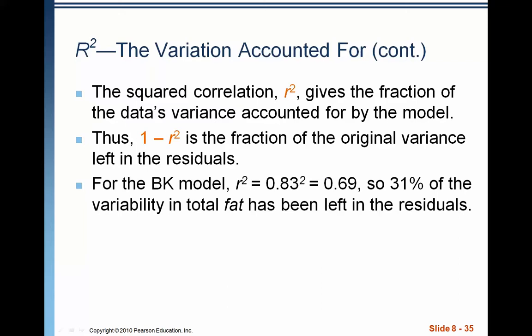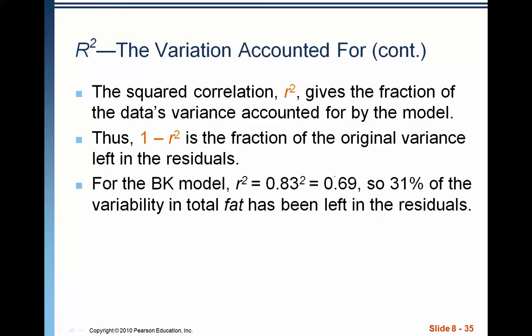If you square the correlation, it gives R-squared, which is the fraction of the data's variance accounted for by the model. So the variance we're seeing in the data accounted for by the model that we've created is what this R-squared value is. 1 minus R-squared then is the fraction of the original variance that's left in the residuals.